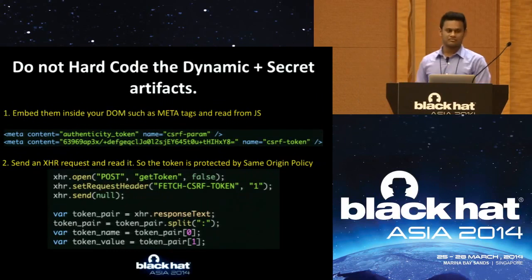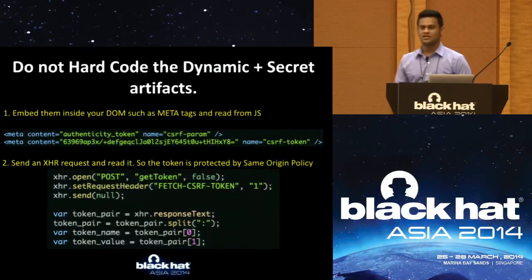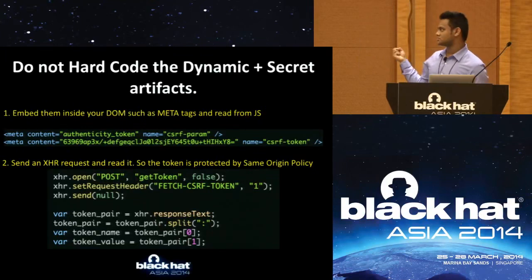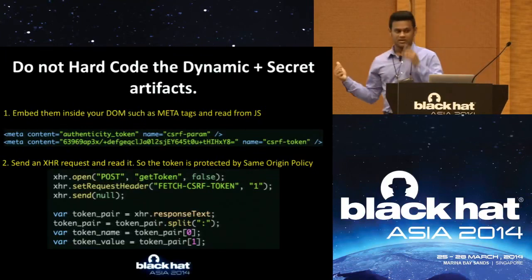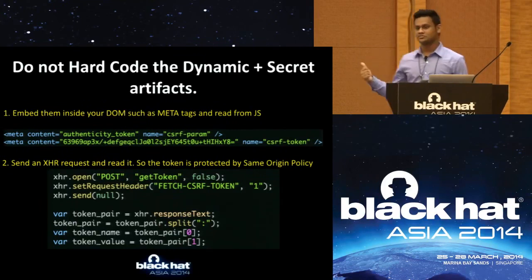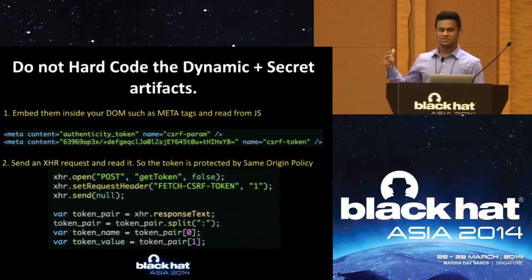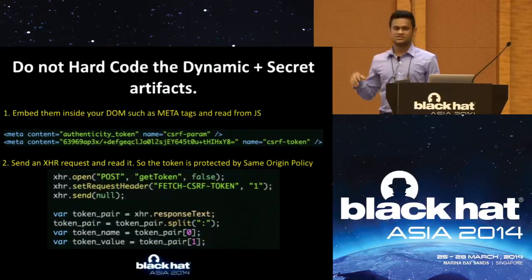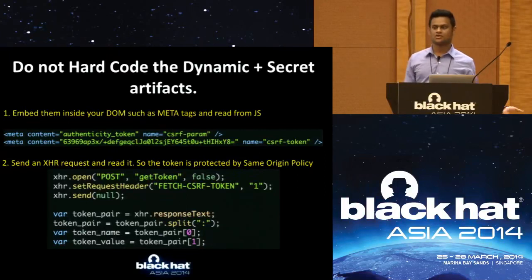You can do something like what most websites, like GitHub, do. You need to have your website's HTML page be non-static, not cacheable, and put the token inside your meta tags, then walk the DOM and take it. Or the best way is to still have a static page, and in your JavaScript, send a fetch request. Instead of hard coding your secret tokens, send another request, just like what a pre-flight request does in modern-day CORS.